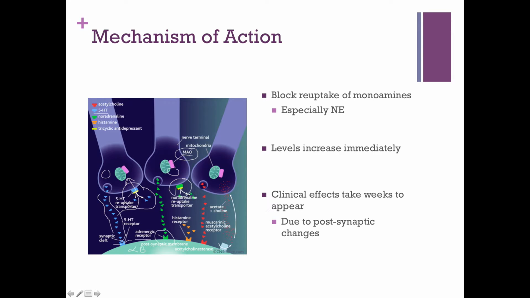So what we have here is a blocking of reuptake for both norepi and serotonin. That means the levels of those are going to be higher in the cleft, increasing the amount of binding interactions. So we're going to increase norepi and we're going to increase serotonin.